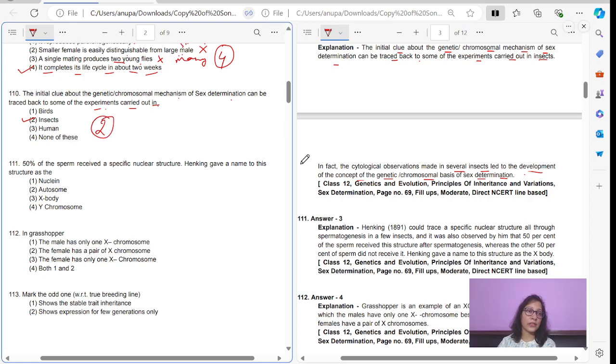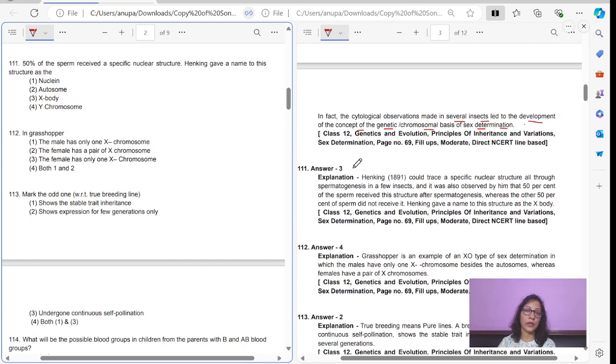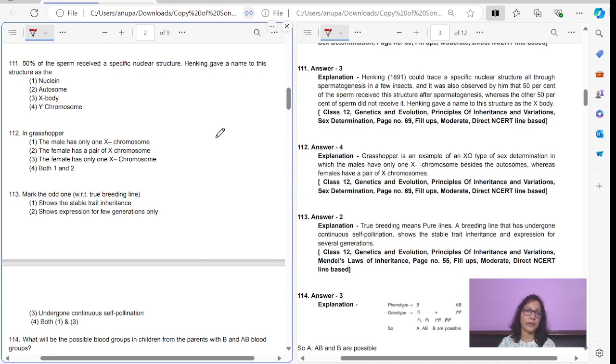Now let's move to the next question, question number 111. This question states that 50% of the sperm received a special nuclear structure. Henkin gave a name to this structure as.